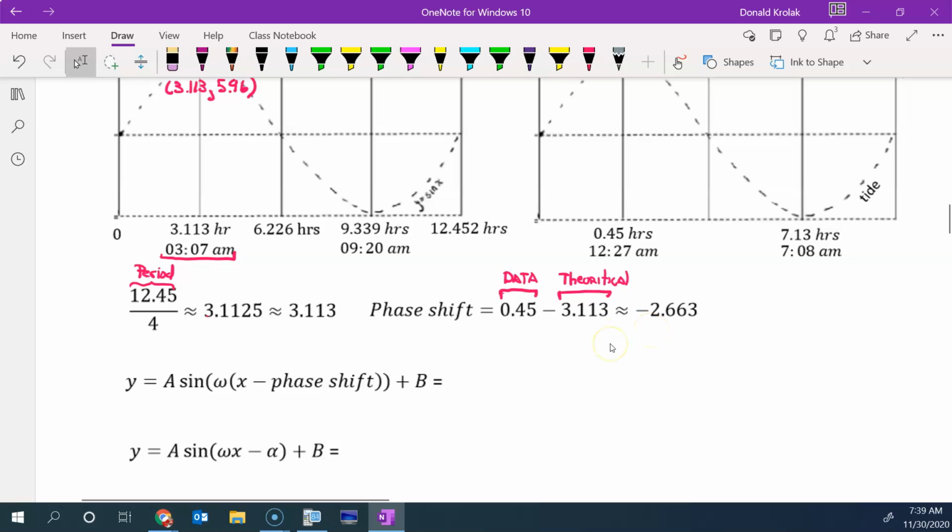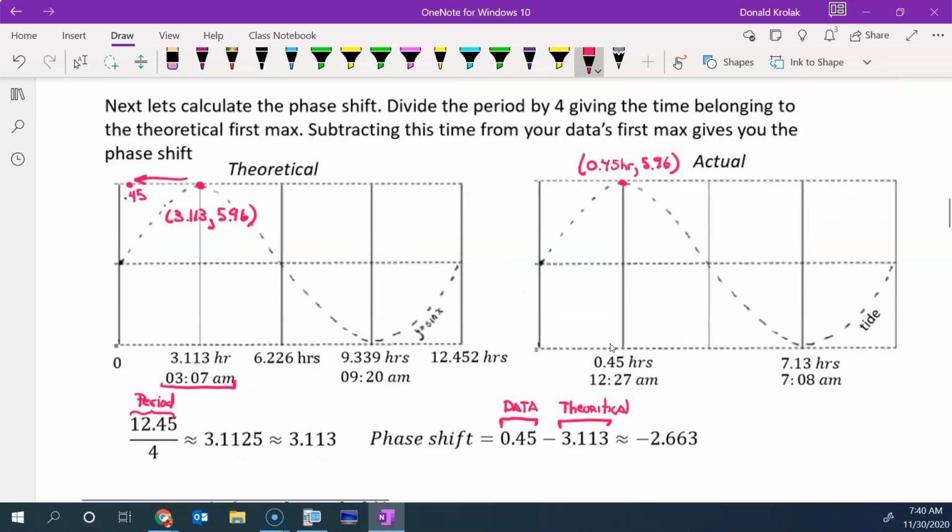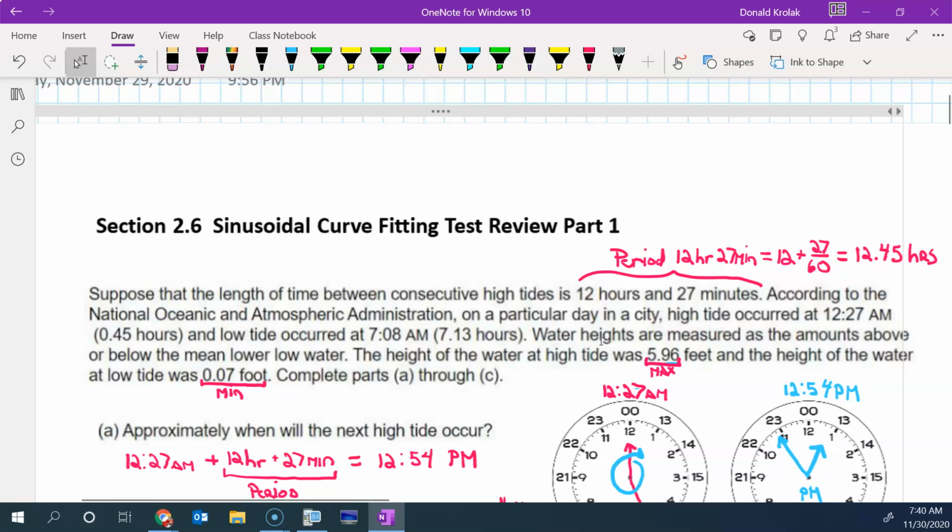So we're going to subtract 0.45, that's when the max occurred.